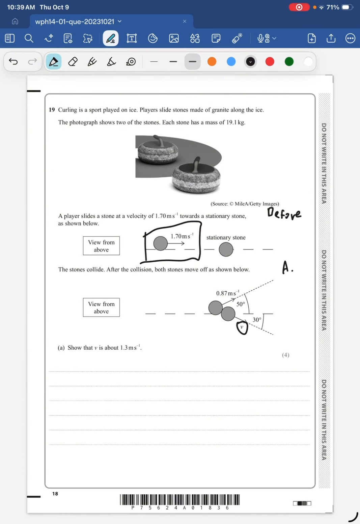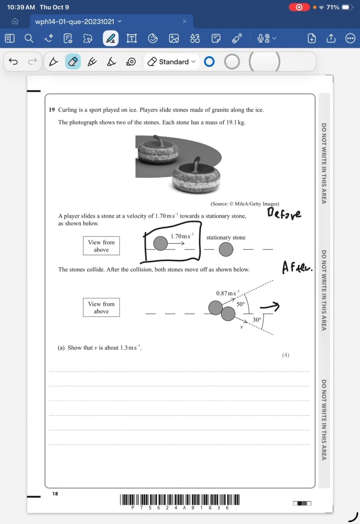So this is the after situation. In the after situation, we have a momentum in the x direction, which comes from the addition of the component related to this velocity and the component related to the other velocity. I hope this makes sense.